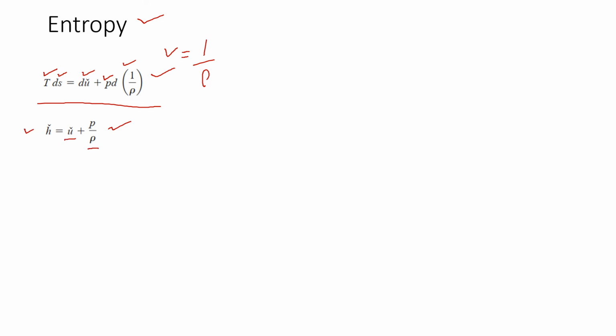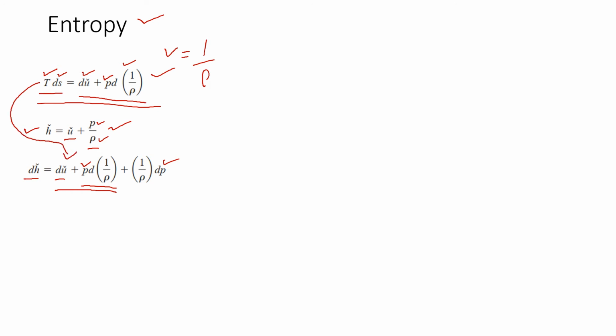So we will totally differentiate this equation with respect to pressure and density, and write it like this: the change in enthalpy is equal to the change in internal energy plus the pressure times the change in 1 over density, plus 1 over density times the change in pressure. We know that this term, du plus p d(1/rho), is equal to TdS. So we will put this right here and arrange the equation in this form. So now we have another TdS equation.